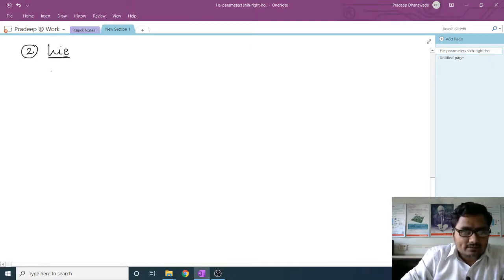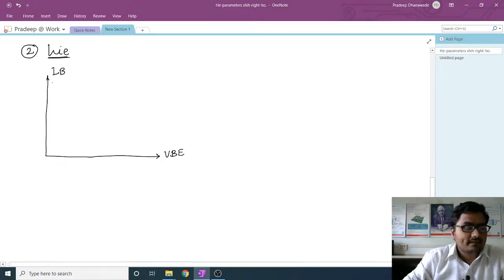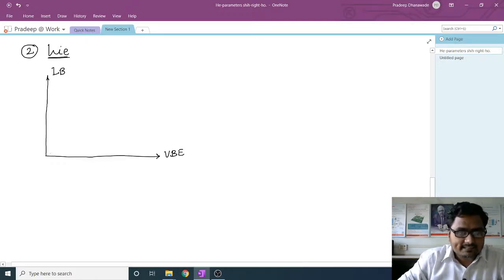So let me draw a graph of input characteristics. Input characteristics means a graph of IB versus VBE when VCE is constant.